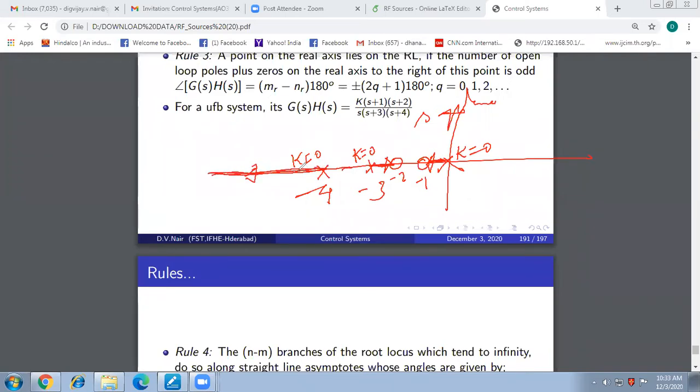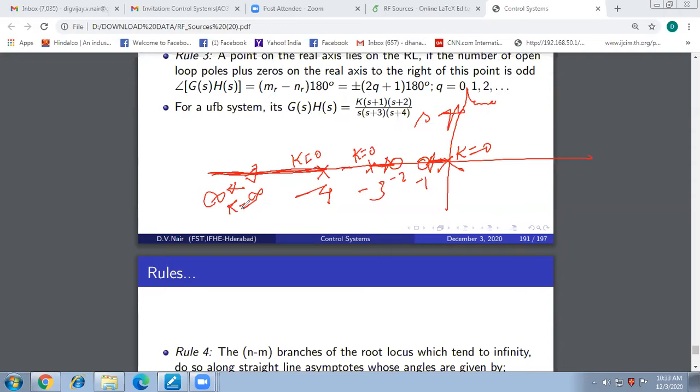Always remember, darken that part of the real axis which is part of the root locus. And here it proceeds to infinity. This branch proceeds to infinity with k tending to infinity. So this is how the root locus will look, or this is how the details could be obtained.